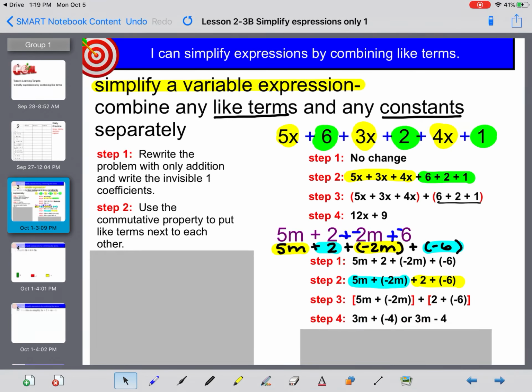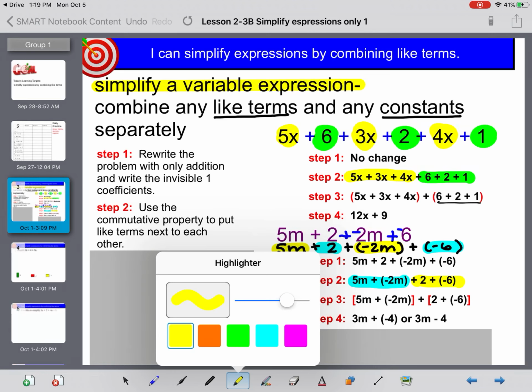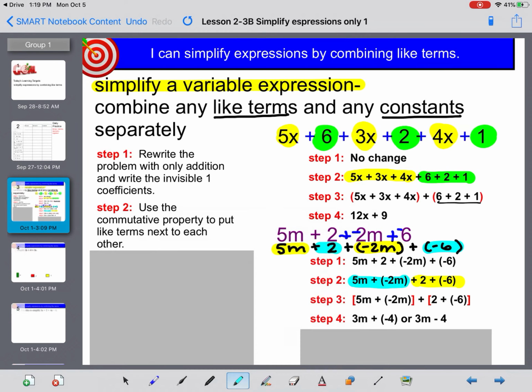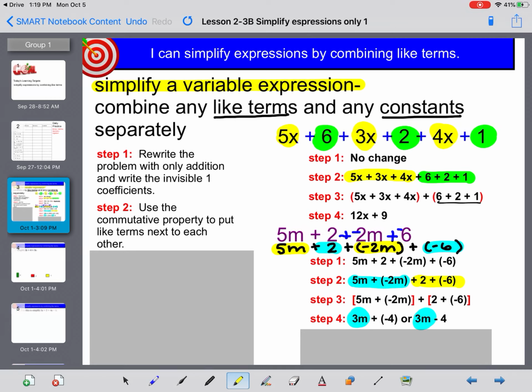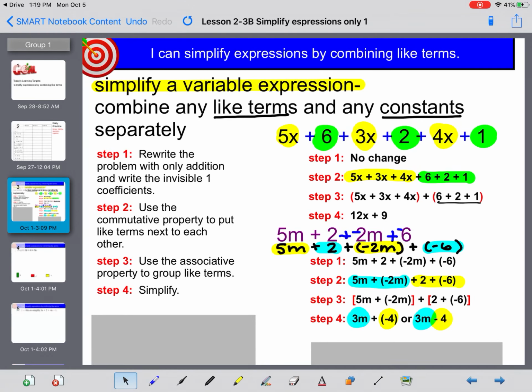And so when I add those together, I get 5m plus negative 2m, which is 3m, and then 2 plus negative 6, which gives me negative 4. So you could write 3m plus negative 4 or 3m minus 4, because adding a negative and subtracting are the same thing.